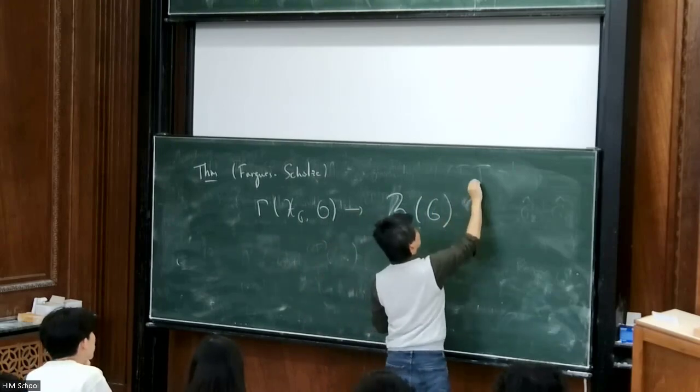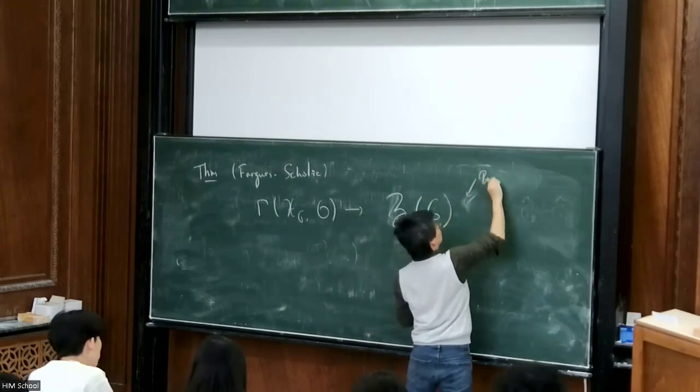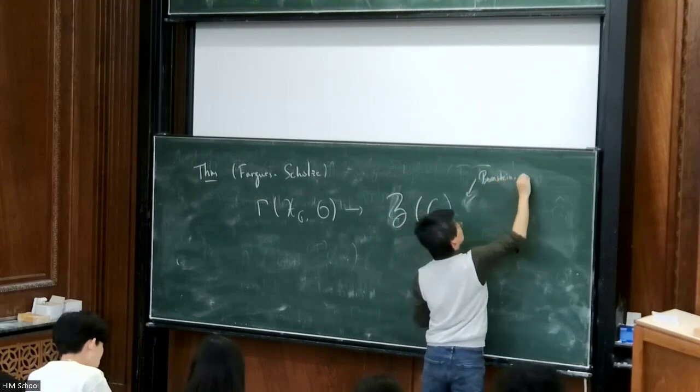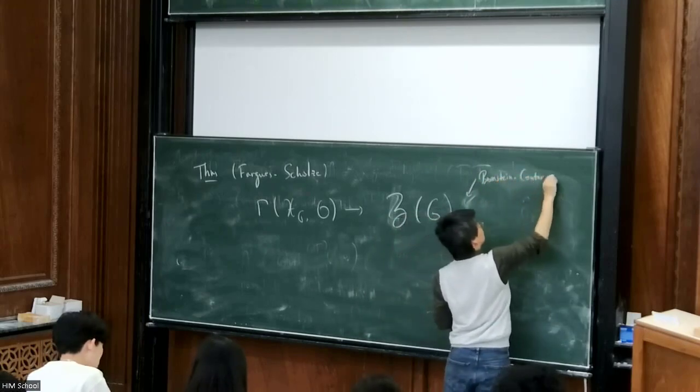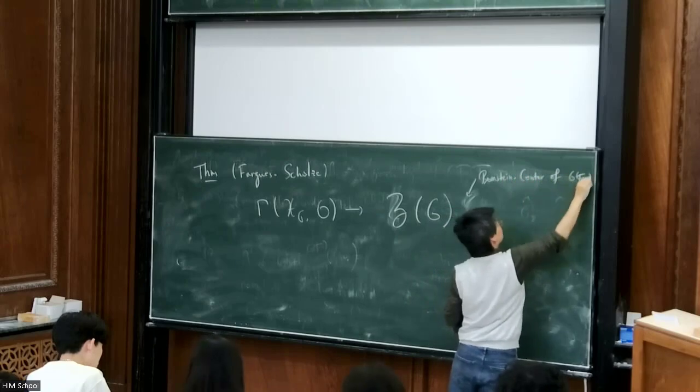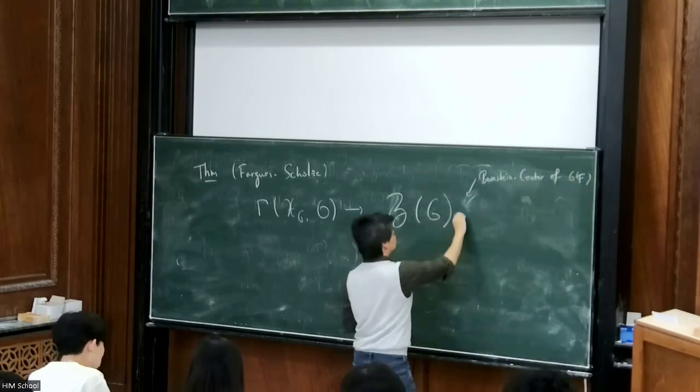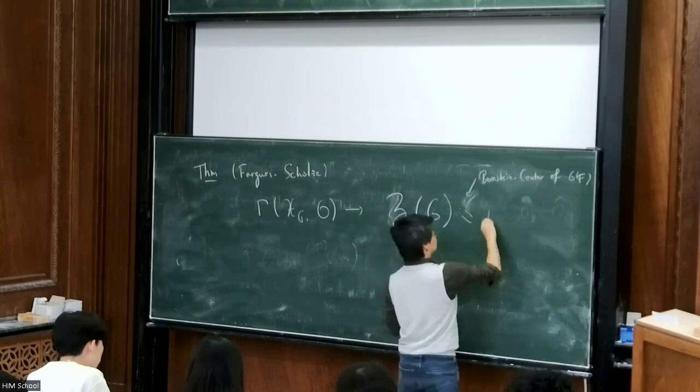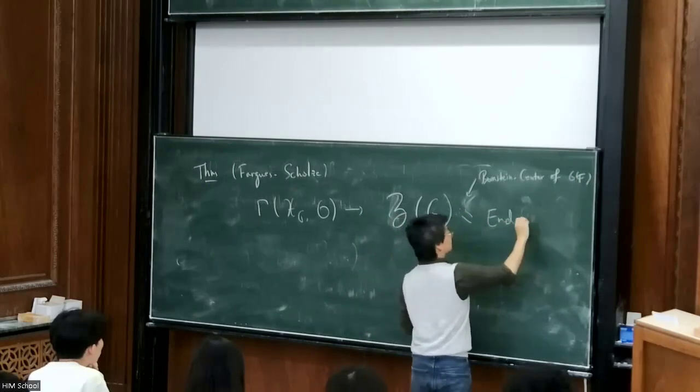You can think of the Bernstein center of G(F), which you can define as just the endomorphisms of the identity functor.